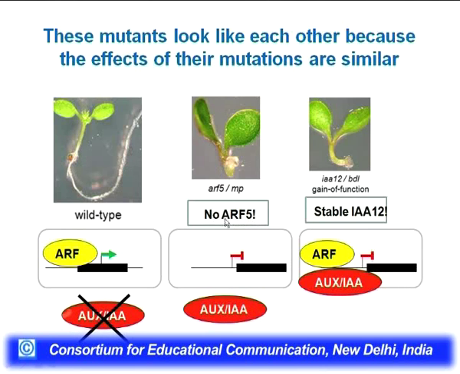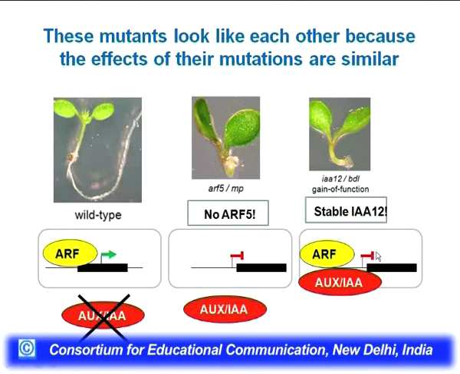ARF5 is an auxin response factor, this is a transcription factor. In this case, the transcription factor is not there, ARF is not there, but the repressor is there. Since the transcription factor is not there, it does not transcribe. So, auxin response does not work and there is no root formation in the mutant.